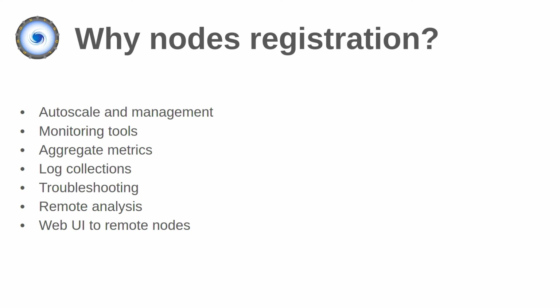Then Prometheus can connect to the Prometheus exporter on that specific node and get metrics from it. In the future, we're also planning to have the ProxySQL core nodes connect to all the satellite nodes and get metrics from them, aggregating all those metrics within the core.